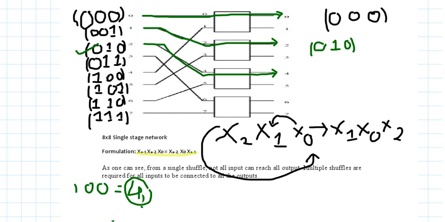Now come to the next processor, which has address 3, and the equivalent binary representation is 0 1 1. If you have followed our previous discussion, then you can clearly say that after left shifting you will get 1 1 0 as the destination address, that is equivalent to 6.